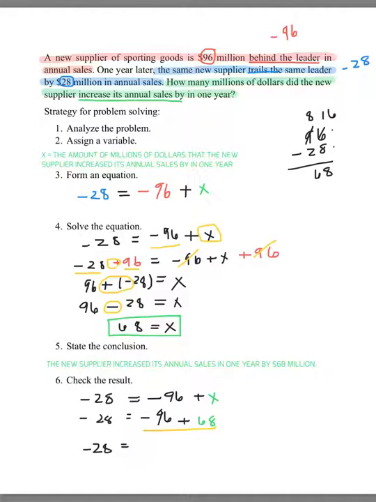So now what we have here is a negative value added to a positive value. So what we're going to want to do is take the absolute value of both. So we'll have the absolute value of negative 96, which is equal to 96, and the absolute value of 68, which is simply equal to 68.